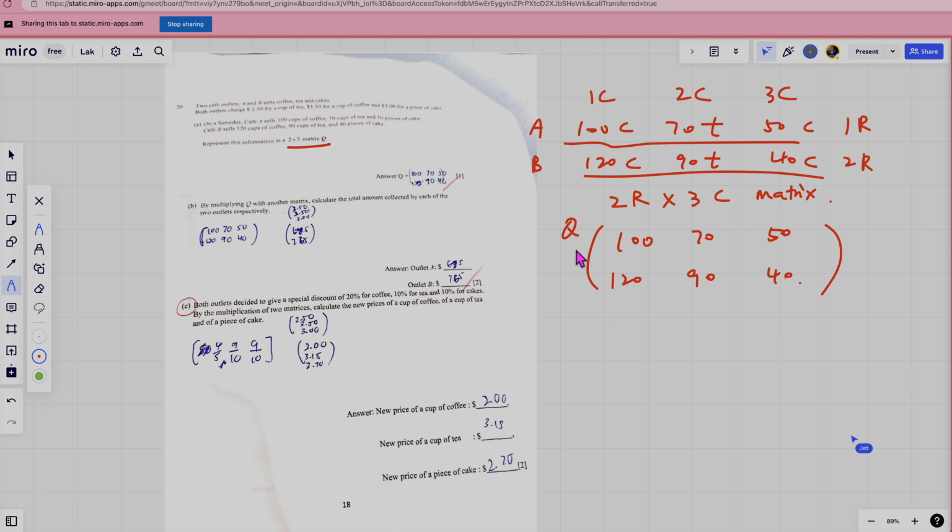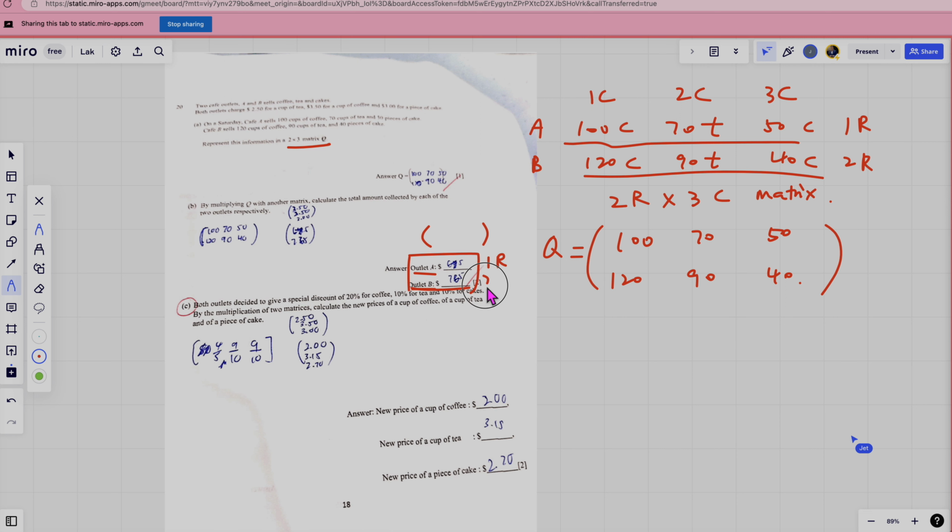Once you get this Q, next they say by multiplying Q with another matrix, calculate the total amount collected by each of the 2 outlets respectively. So that means they want the total amount for outlet A and outlet B. Can you see the way they write the answer here already tells you what matrix they want at the end?